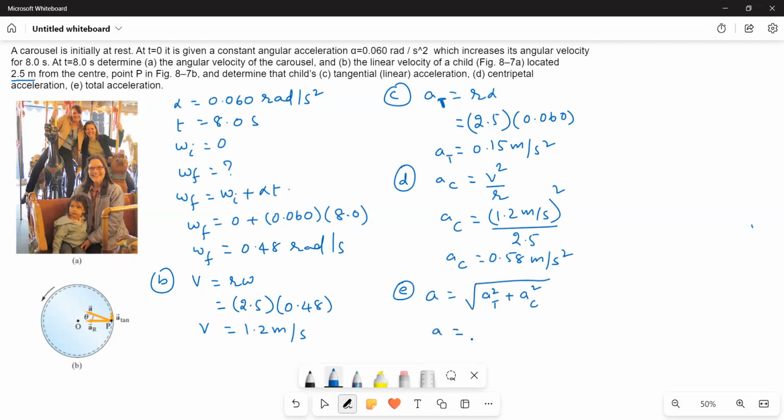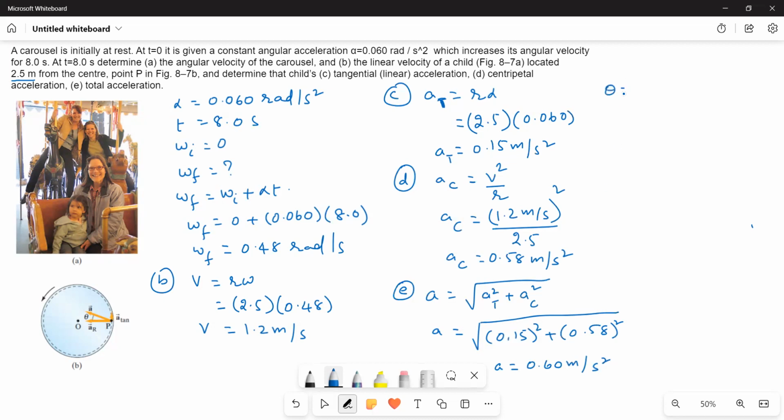Therefore, a is equal to the square root of 0.15 squared plus 0.58 squared. Therefore, a is equal to 0.60 meters per second squared. Now we have to find the angle, the direction.